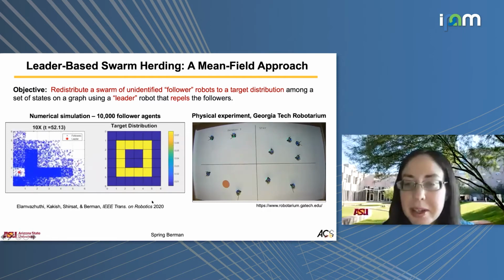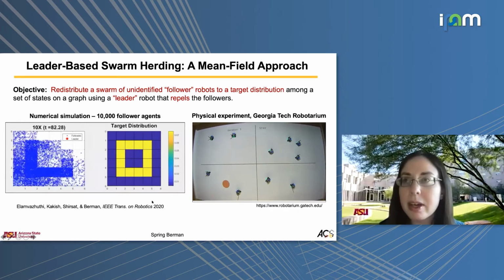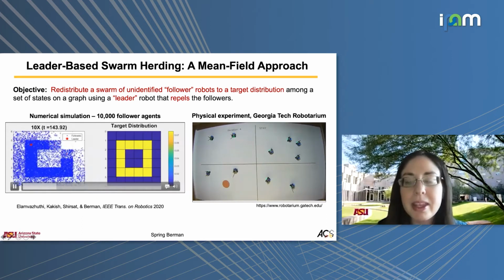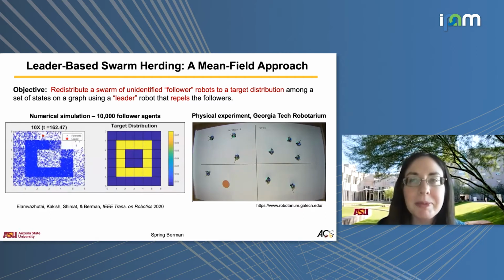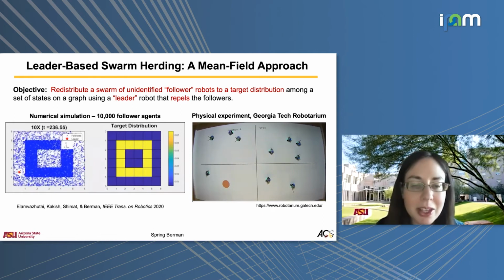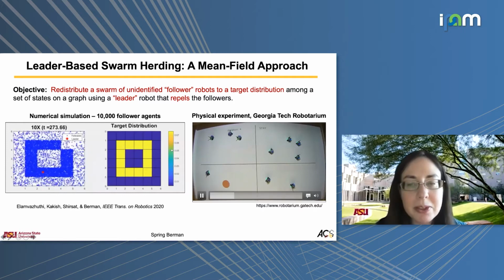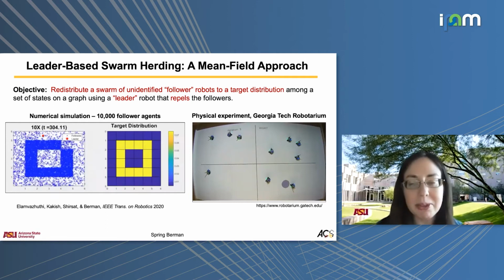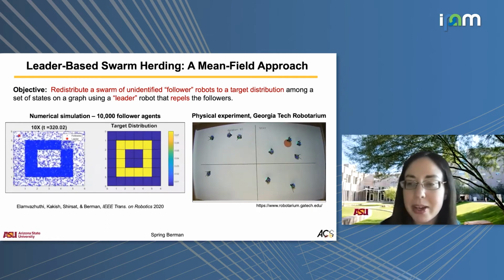So I think that might have been a part of the implementation, just so that the change in population of robots at different states didn't change too rapidly. In implementation, you would want the robots to count their neighbors in a decentralized way.